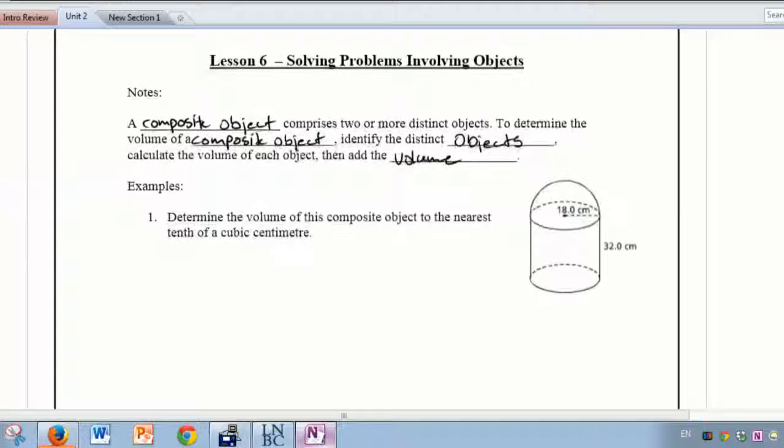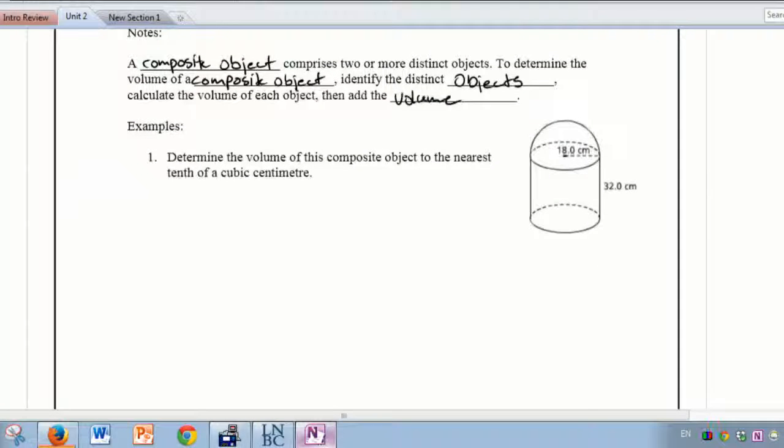So we have a composite object here. What are my two objects? So it asked me to find the volume, so I'm going to have the volume of a cylinder, and then I'm going to have to add to it the volume of a hemisphere. I'll just write it as H sphere. This is almost exactly the same problem we just did, so you guys should be experts and I should be too.